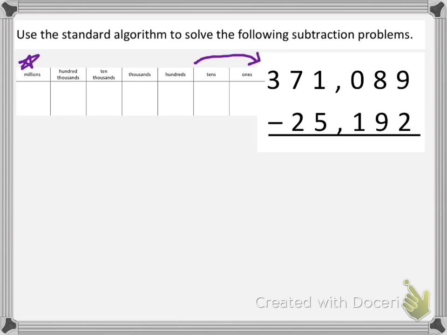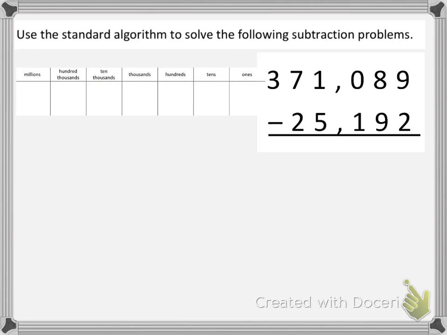Again, I want you to always draw out your place value chart. I don't want you to get pre-made ones. I want you to remember what the ones are, the tens, the hundreds, the thousands, the 10,000s, the 100,000s, and then the millions. I want you to keep practicing those places.